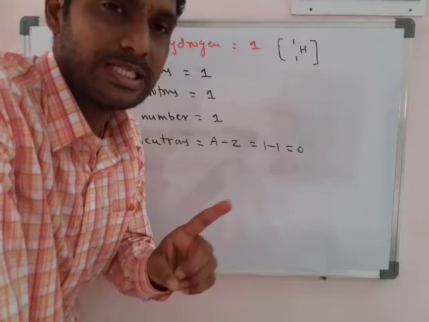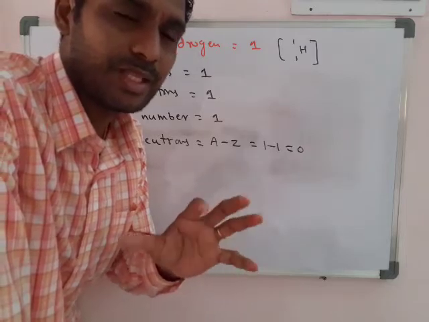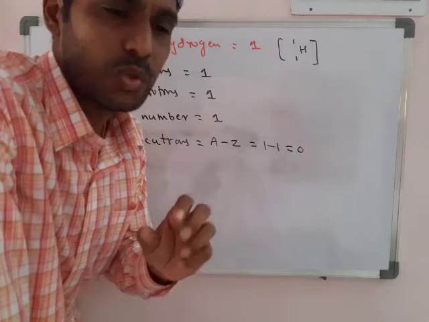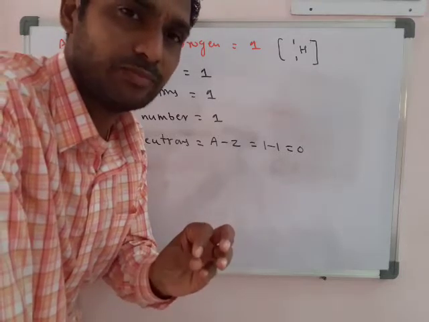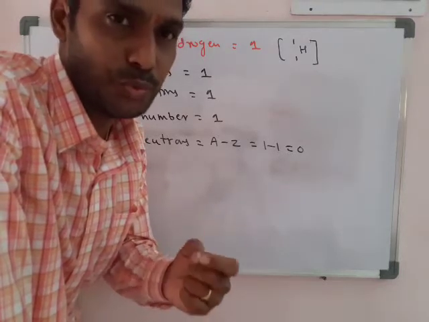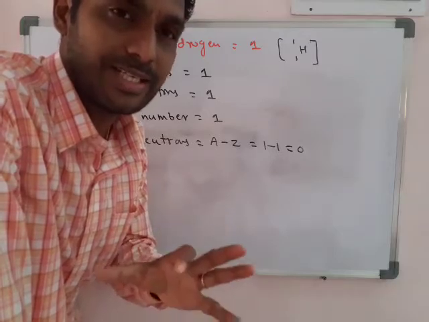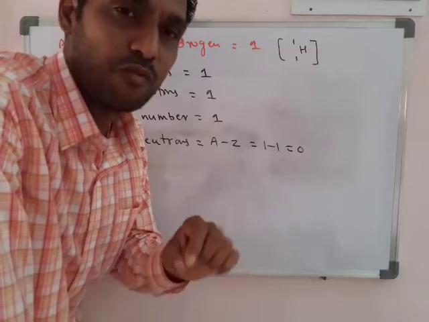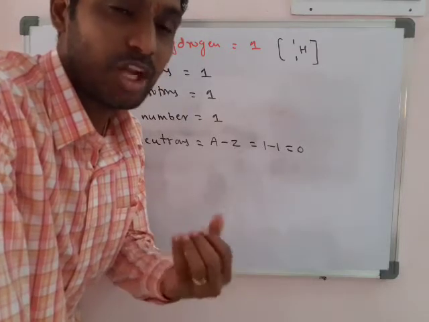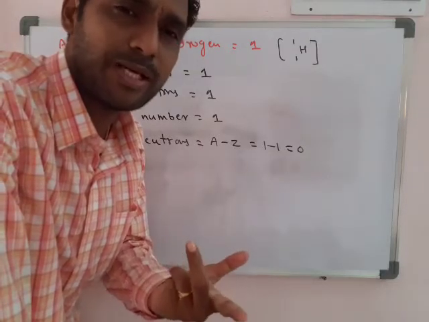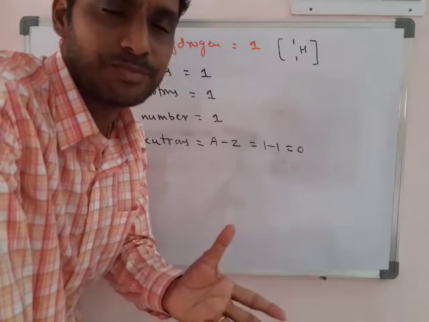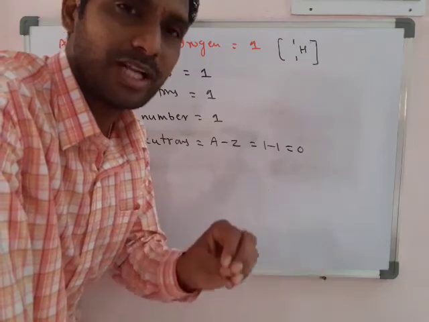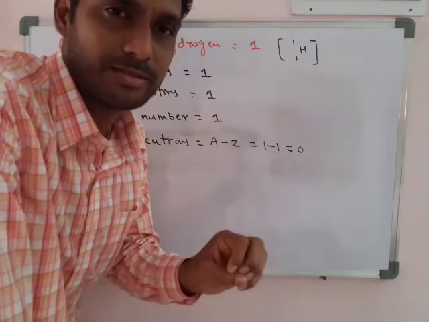Actually, we discussed this in the atomic structure lesson in the introduction. All atoms must contain electrons, protons, neutrons. That's why these 3 particles, electrons, protons, neutrons, are treated as fundamental particles, because all atoms of all elements contain these 3 particles.